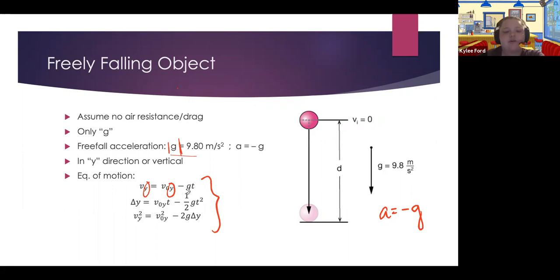Another thing you can notice about these equations is that instead of putting an A in there, we actually have substituted in our negative G, okay? So normally for this equation, we have V equals V naught plus AT. Okay, so plus A. Now we have plugged in our minus G for that.